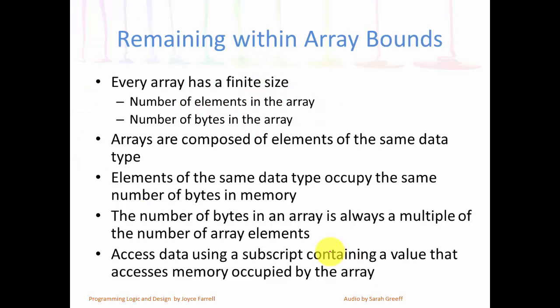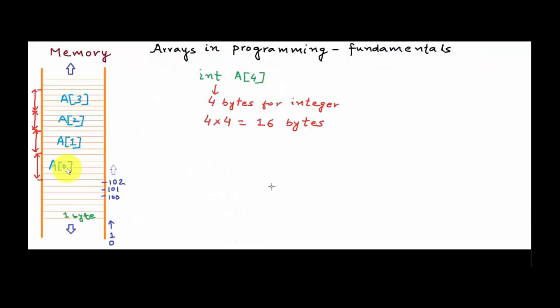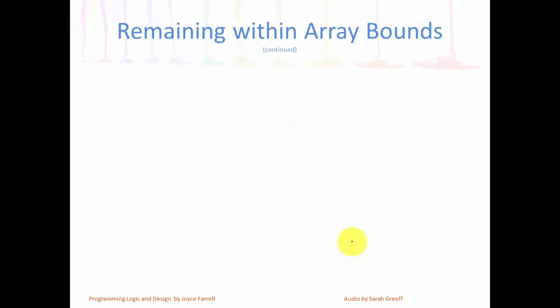We also access data using a subscript containing a value that accesses memory occupied by the array. So we're going to be accessing the data for A subscript 0 using its position, by using its subscript as its identity or its name of where that array is placed in memory.